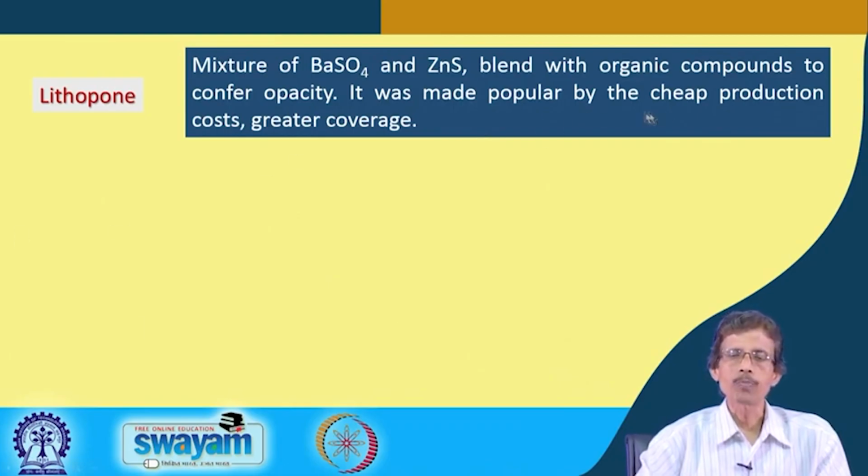It was made popular by its cheap production costs and greater coverage. If it is cheaper than titanium dioxide or zinc oxide, we definitely go for this. Also, for this wet chemical method we can use very cheaply available zinc compounds, or metallic zinc that industry throws away. Industrial byproducts of the zinc industry can be used for making these zinc pigments or paints.